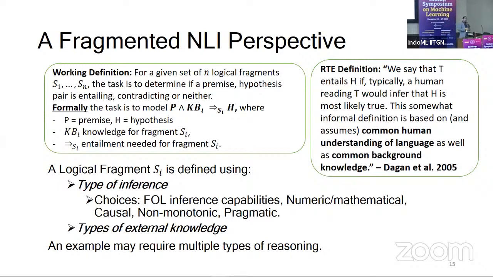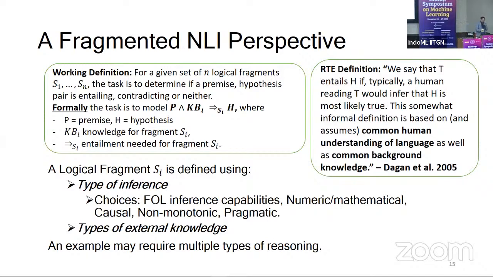And you want to check whether the hypothesis is entailed or not. This is exactly what we see if you ever look at the Russell and Norvig book, you will see this definition there actually. So that is where the definition of textual entailment came.